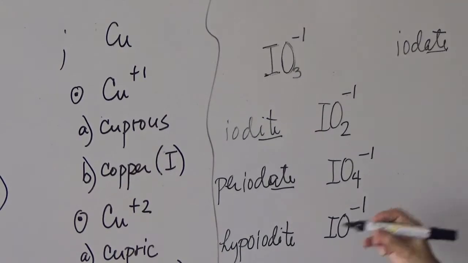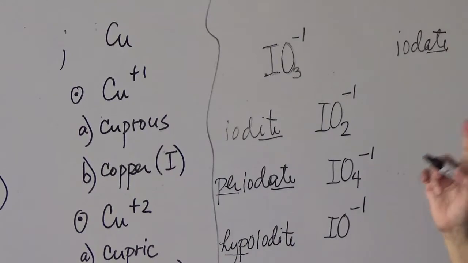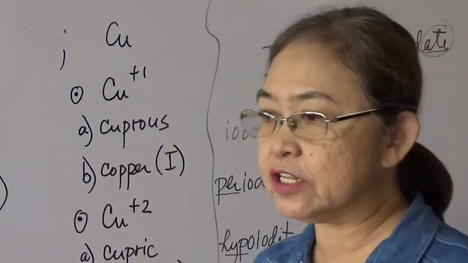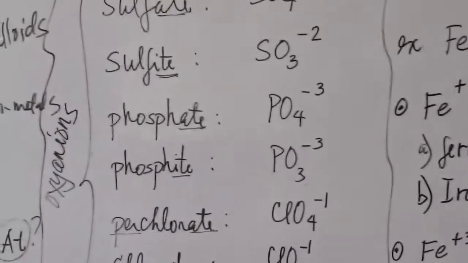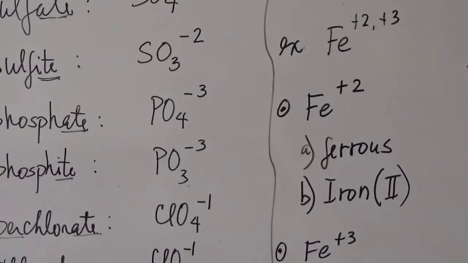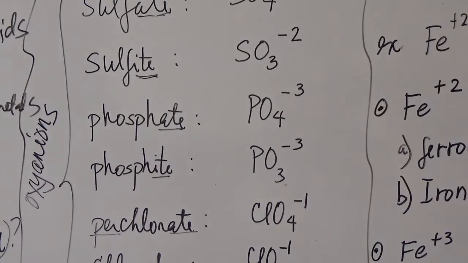So that is how to use the prefixes hypo and per. You must familiarize the charge and formula of the oxyanions which end with ate. If you know that one, then you will be able to write correctly the charge and the symbol of the ite, the one with per and ate, or the one with hypo and ite.